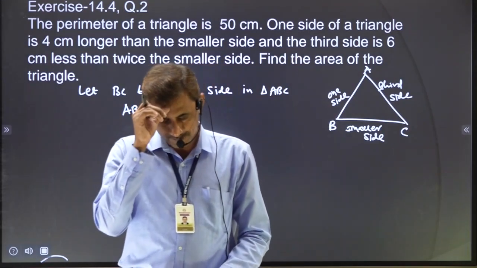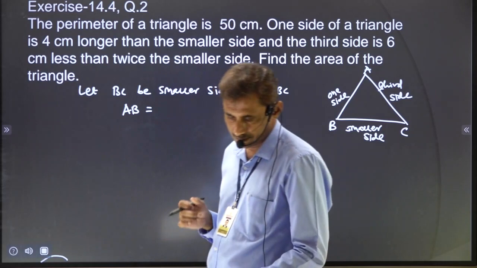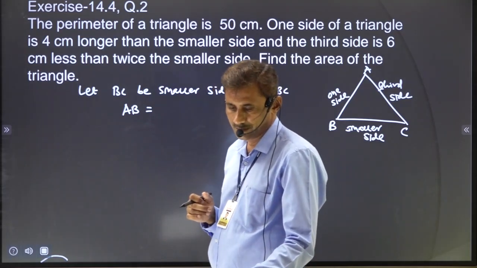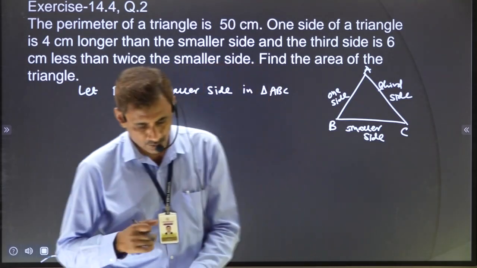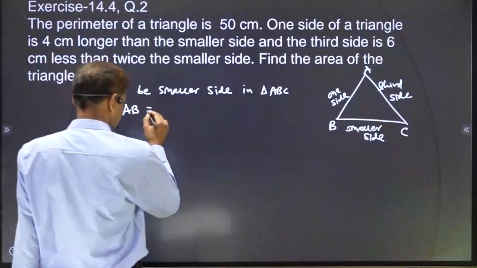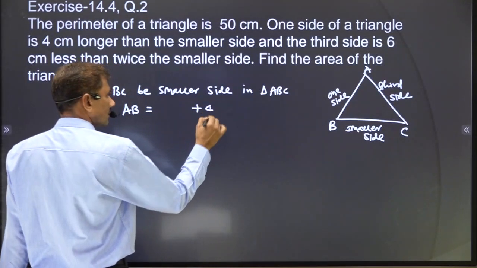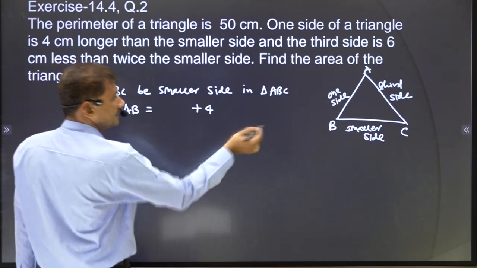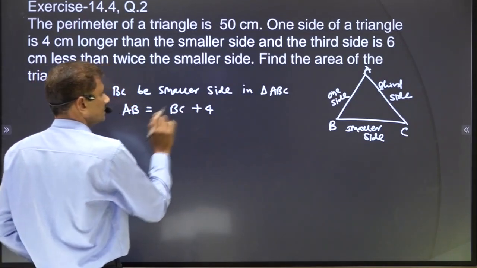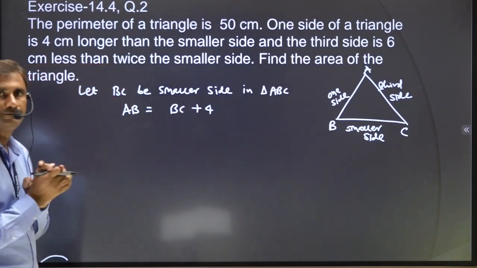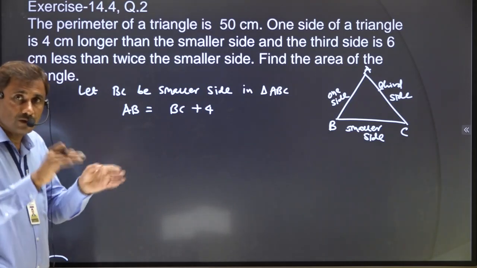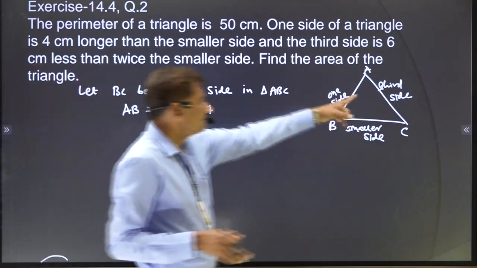One side of a triangle is 4 centimeter longer than the smaller side, means 4 centimeter more than the smaller side, BC. This is our first one. Now in the second one also, this side is compared with the smaller side.